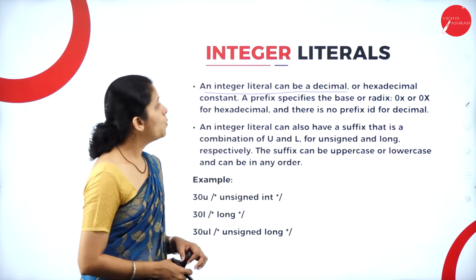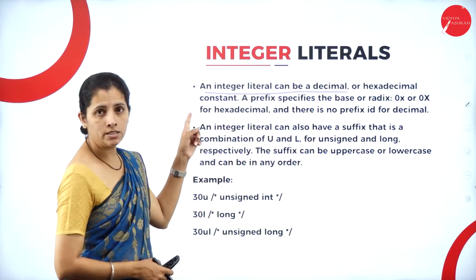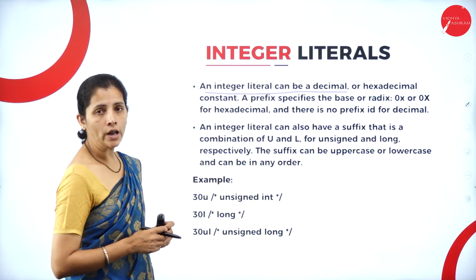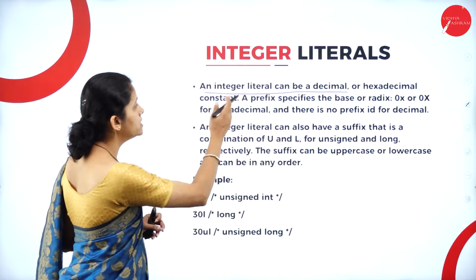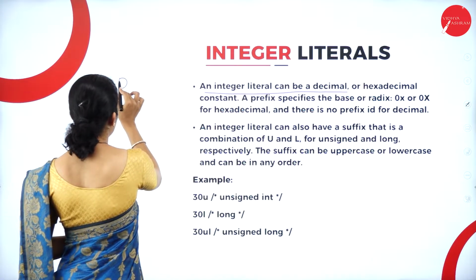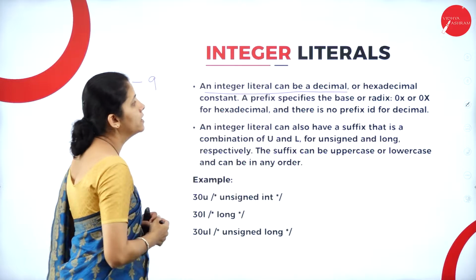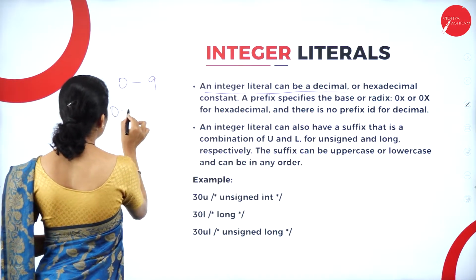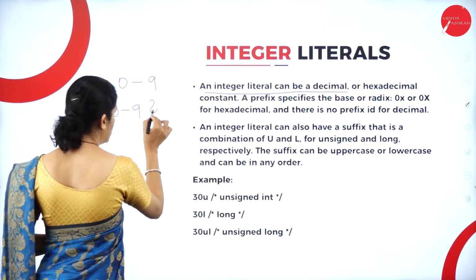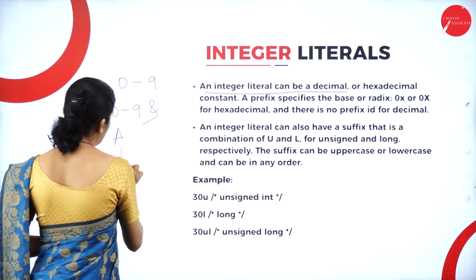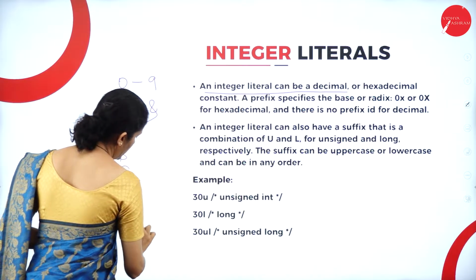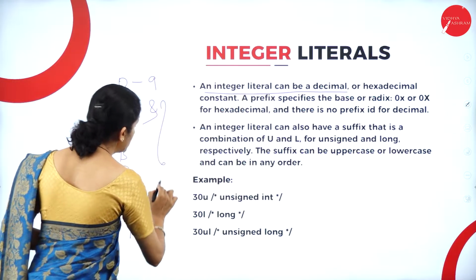That means while defining an integer constant, I can use a decimal number or a hexadecimal number. So decimal number means what? I can use 0 to 9. If I go with hexadecimal, then I have 0 to 9, after that I have A, B, C, D, E and F. So what is hexa?